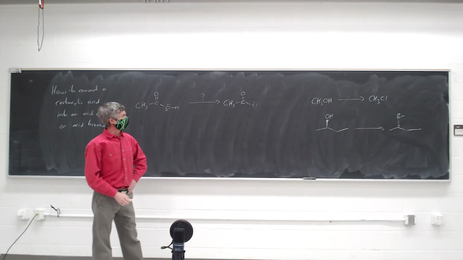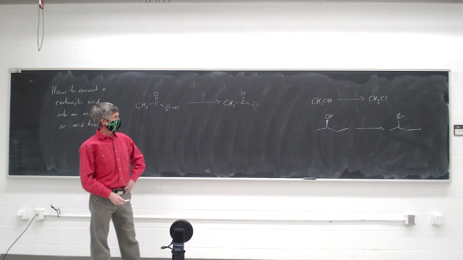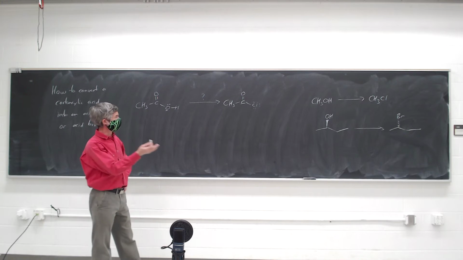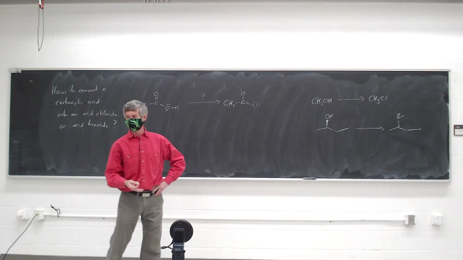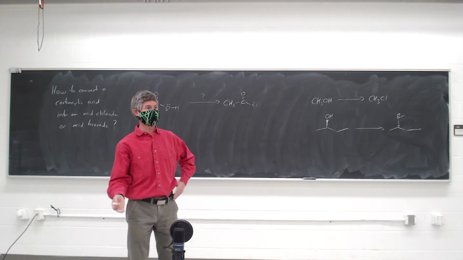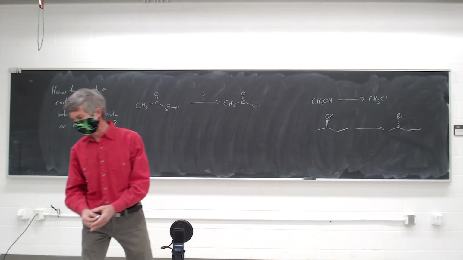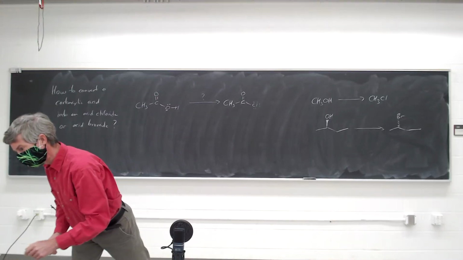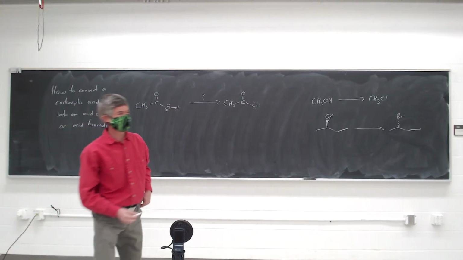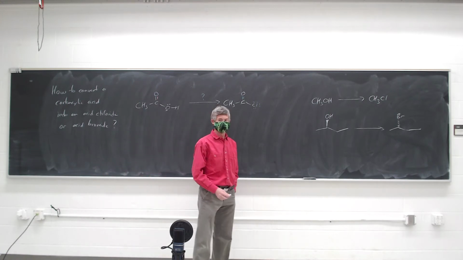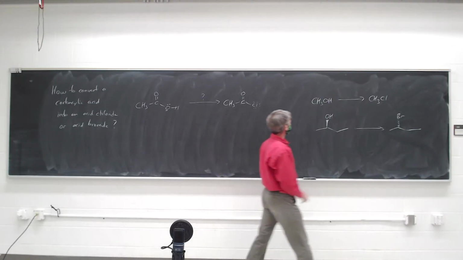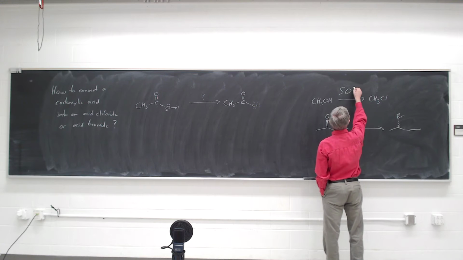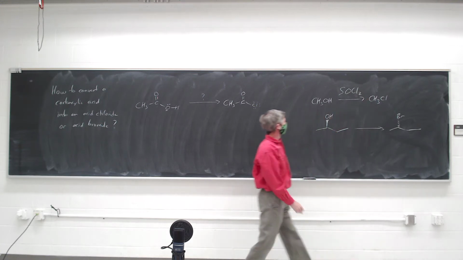So how do you convert a secondary alcohol to a secondary alkyl halide, bromide or chloride, without getting carbocations, and thus without getting carbocation rearrangement? What was the reagent that we used for that? Was it SOCl2 for the chloride, and what was it for the bromide?